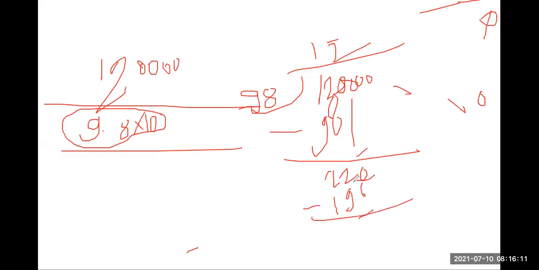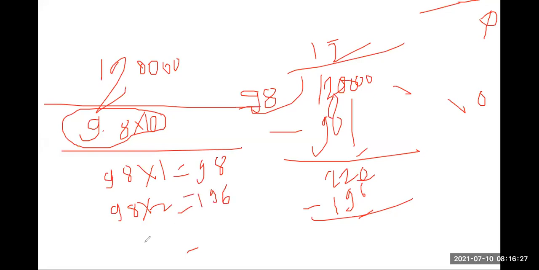It's not actually directly we can make like this. 98 multiplied by 1, 98 multiplied by 2, then we can make the table of it. Here 98, here 196, like this, so on you can make it. 98 into 3 will get 294. Like this, we can make the tables.